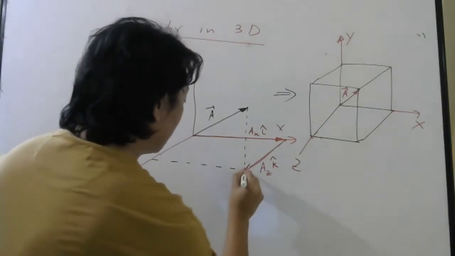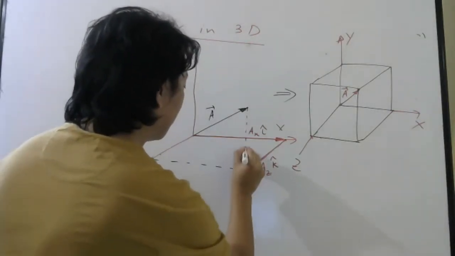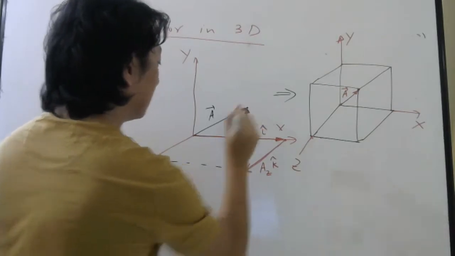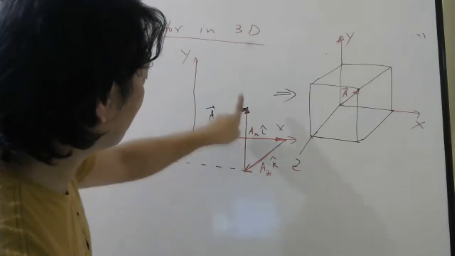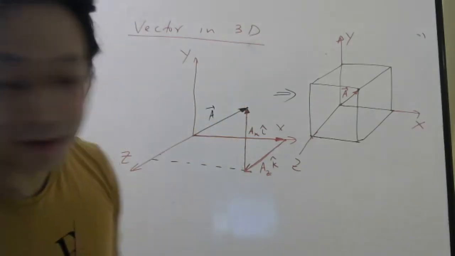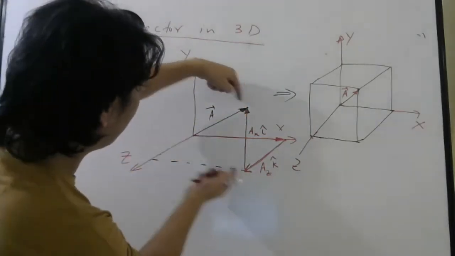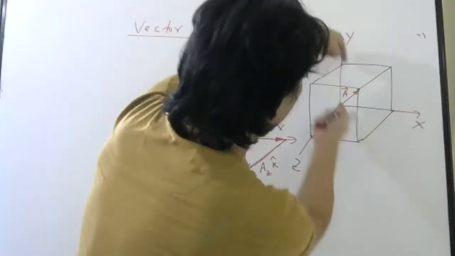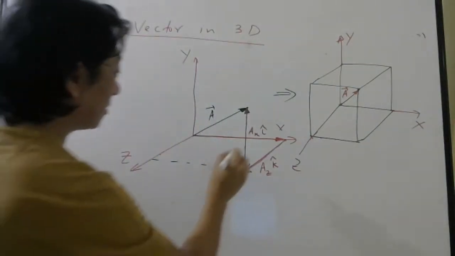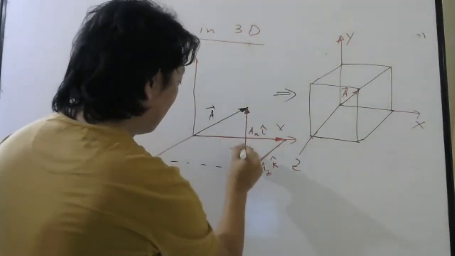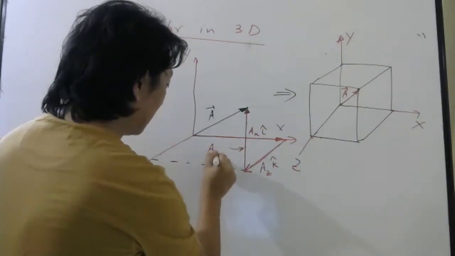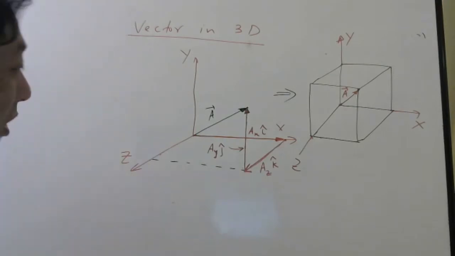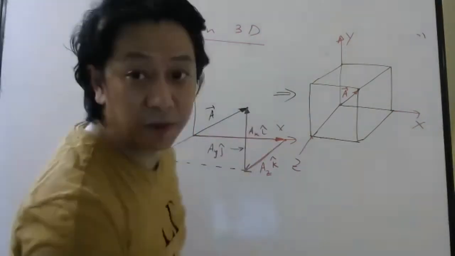And then you take this vector. This vector is parallel to which axis? If you bring it here like this one, and this one, it is parallel to the Y axis. So this vector will be my Ay j cap. Now apply polygon law. Polygon law, I hope everyone remembers.